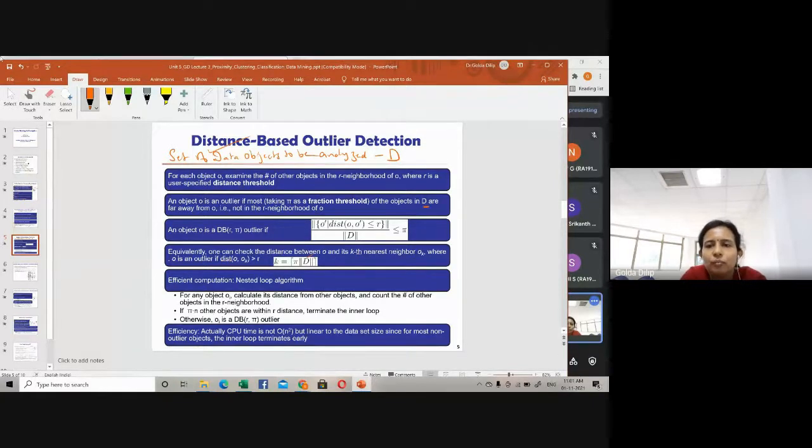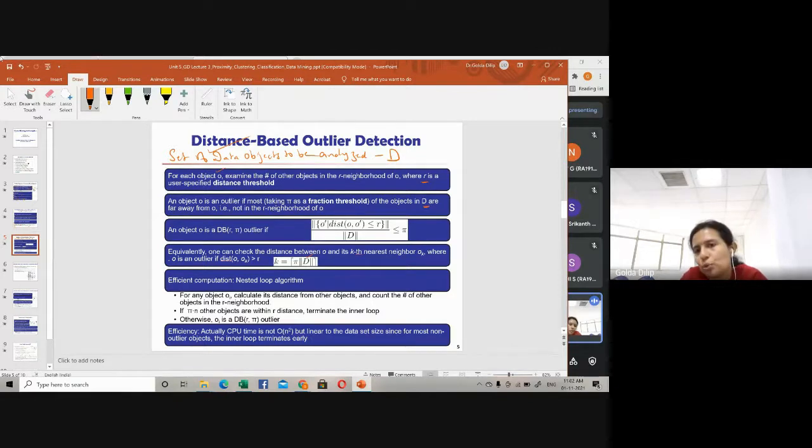Then you have R. For each object, represented as O, you examine the number of other objects in the R neighborhood of O, where R is a user-specified distance threshold. This small letter R is a distance threshold that a user can specify.